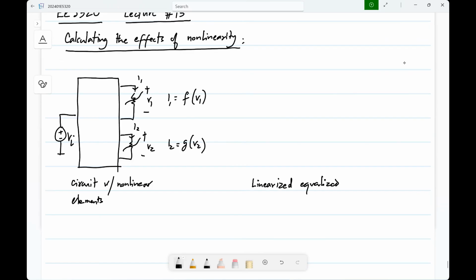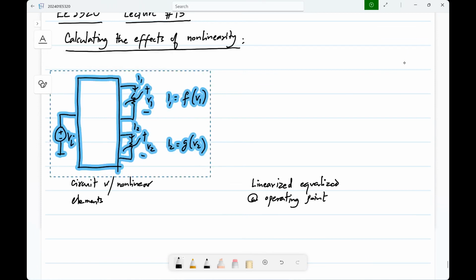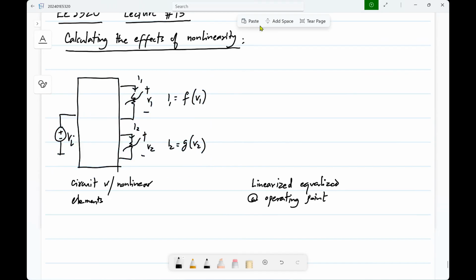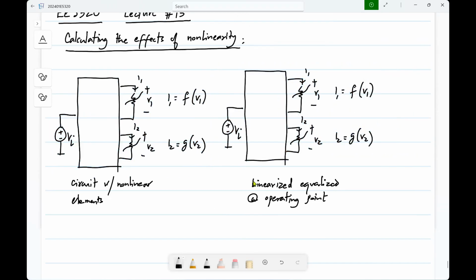In the first step, you take the linearized equivalent at the operating point. So you replace this with their linear equivalents.